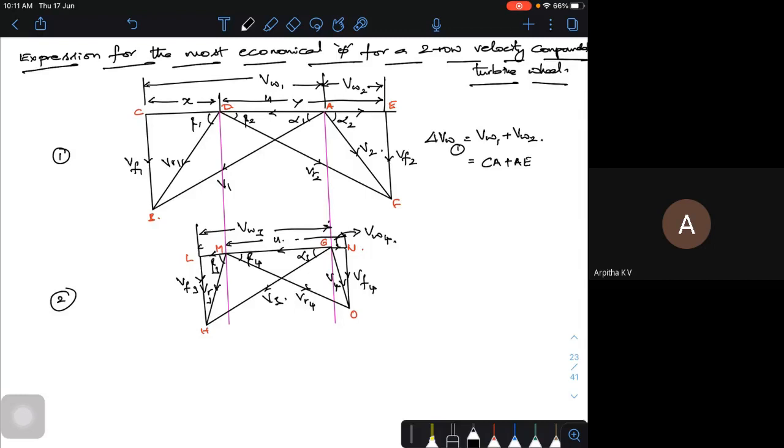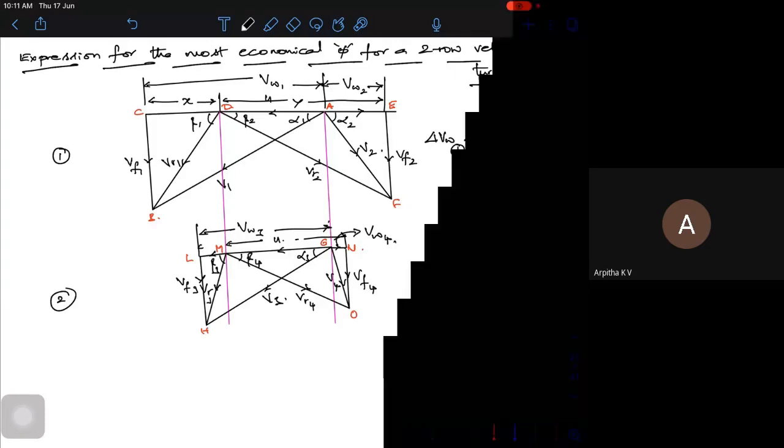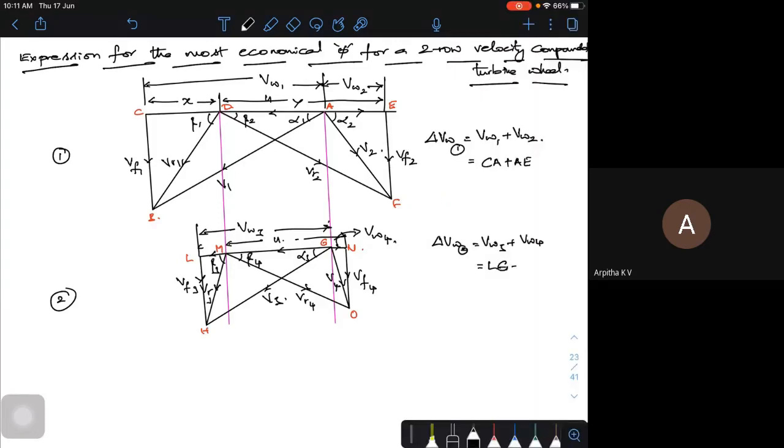If you look at it, in that case, delta VW for the second row is equal to VW3 plus VW4, which is equal to LG plus GN. VW3 is actually LG, and this is LG plus GN.